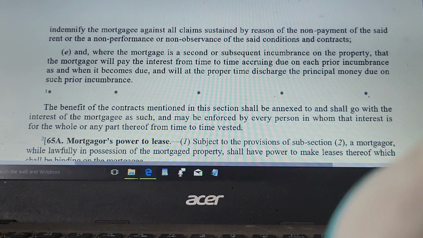E. And where the mortgage is a second or subsequent encumbrance on the property, that the mortgagor will pay the interest from time to time accruing due on each prior encumbrance as and when it becomes due, and will at the proper time discharge the principal money due on such prior encumbrance.